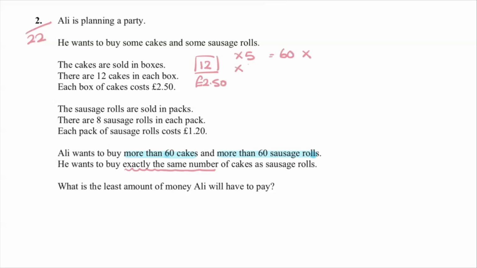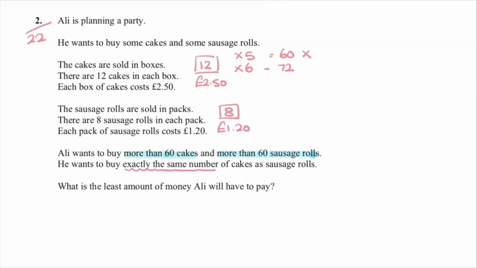If I times through by 6, it will get me 72. So what I want to do now is look at my sausage rolls, which are sold in packs of 8 at £1.20. So I've got that key information kind of in a picture. It's easy to process when it's looking like that rather than sentences.